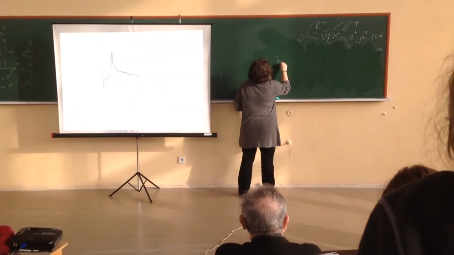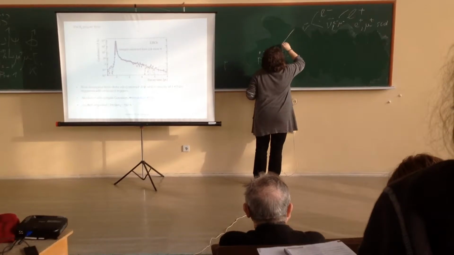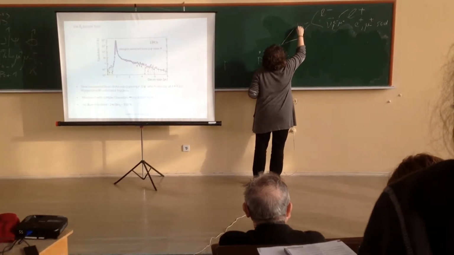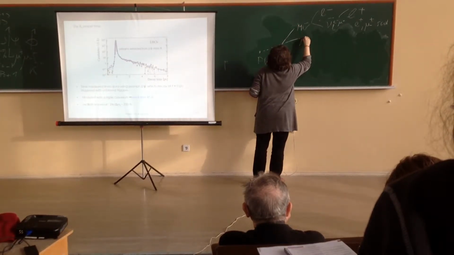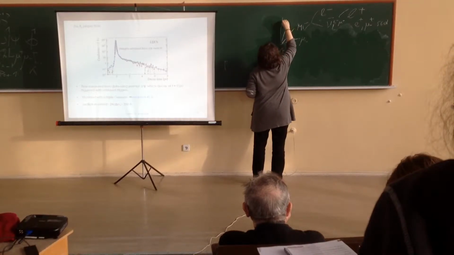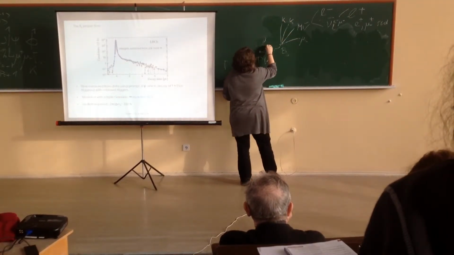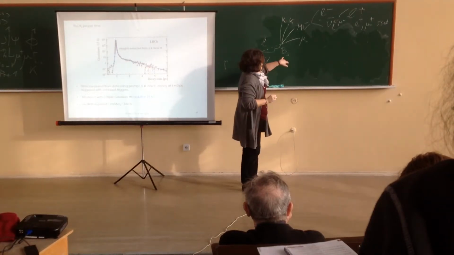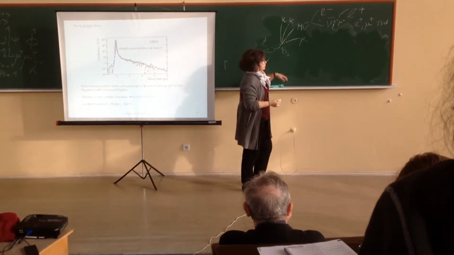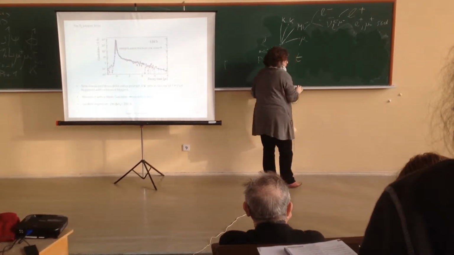We have the Bs vertex, which decays to J/psi phi. With the VELO detector, we measure L. We can compute the momentum so that we can compute the proper time.